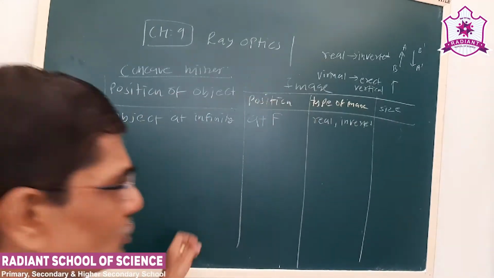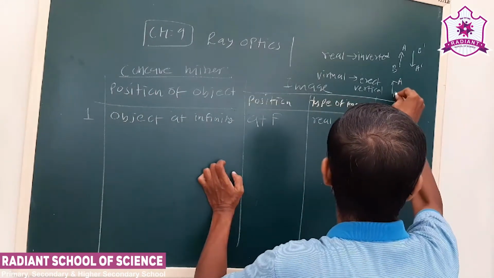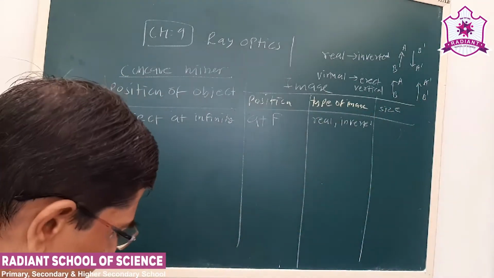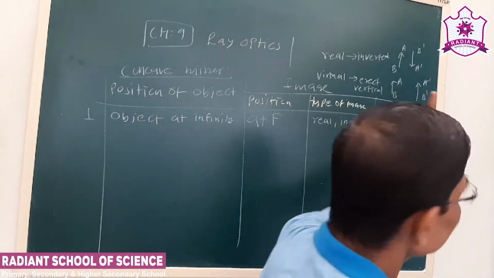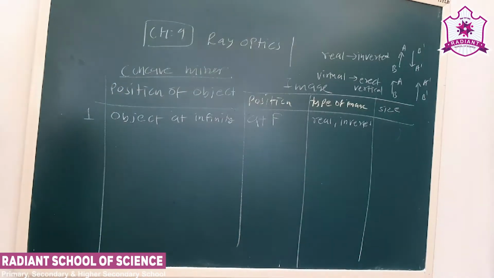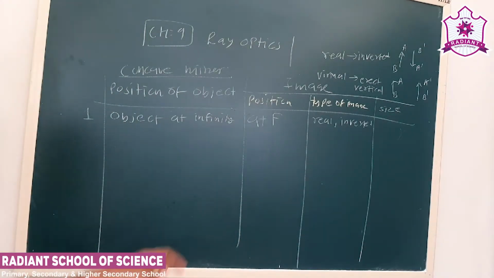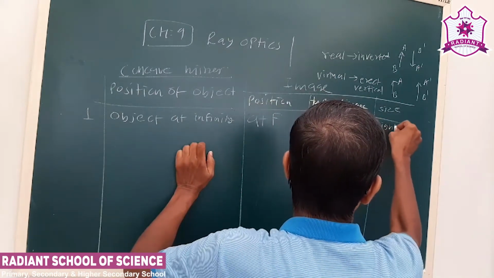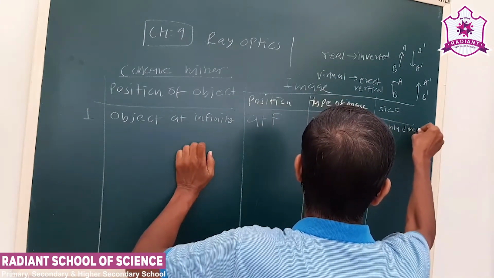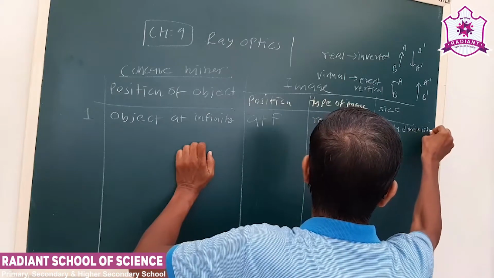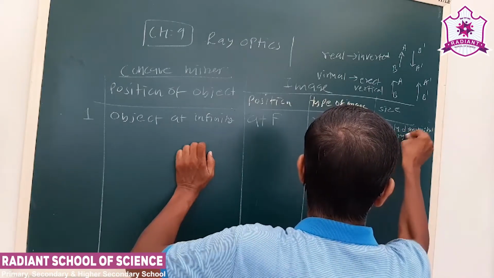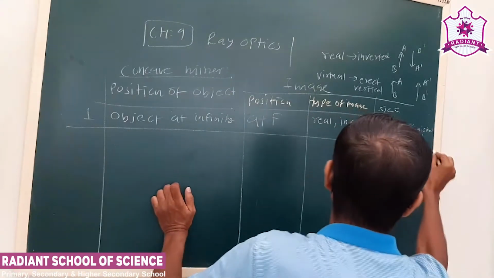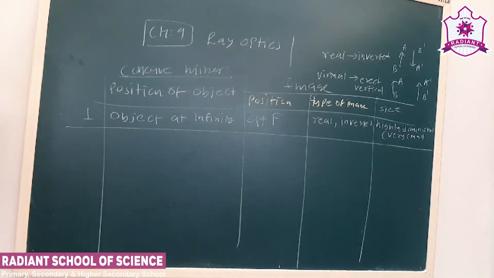So suppose in a virtual image, AB is the object, the image also will be of the same type, that is vertical. So when the object is at infinity, the image will be real and inverted, and it will be highly diminished, meaning very small. We will try to see that in one of the numericals that will come.